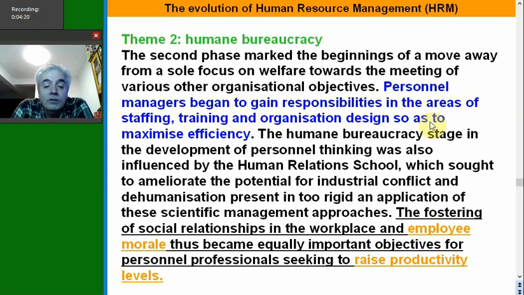The fostering of social relationships in the workplace and employee morale thus became equally important objectives for personnel professionals seeking to raise productivity levels. This is also very important, because the employer always wants to hire the most efficient people, and there are a lot of factors that contribute to efficiency. This is a way to improve efficiency.